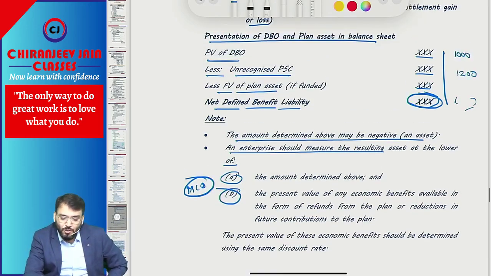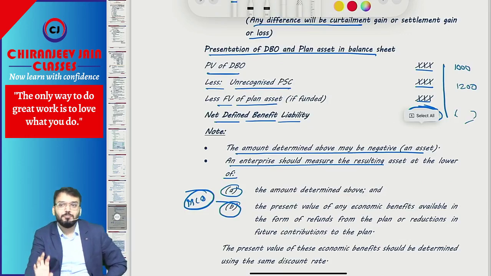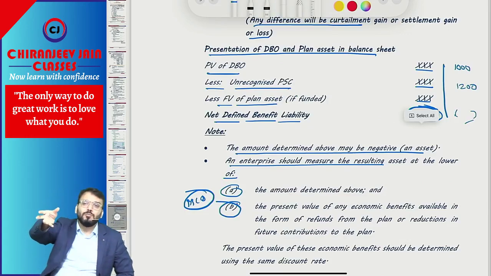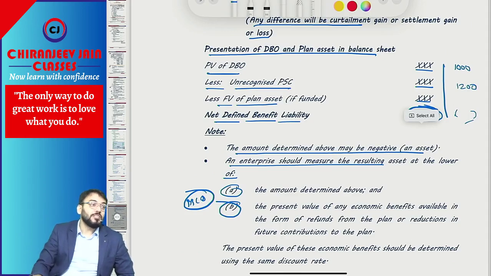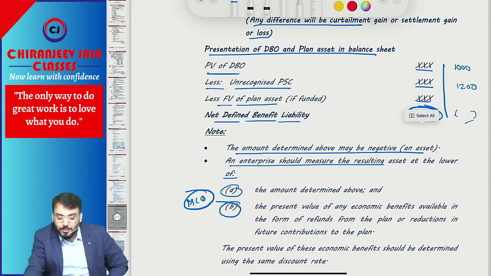Means normally it will be liability only. Means I can say the DBO will be more than plan asset, but sometimes plan asset can be more than DBO. So if plan asset is more than DBO, then it becomes surplus. There is some surplus amount, so it becomes negative. Negative means what? Asset. But how much amount will be shown in the balance sheet, that we are discussing. So what are they saying?